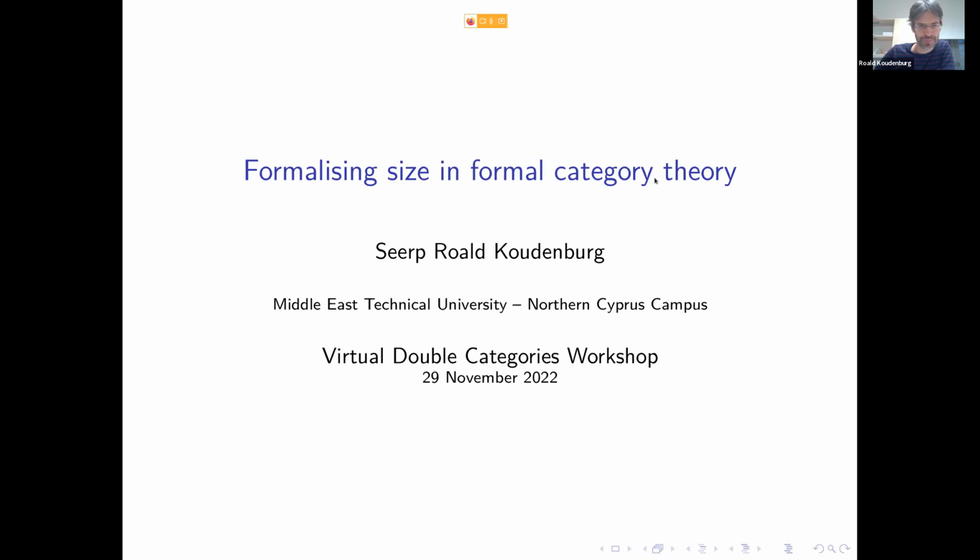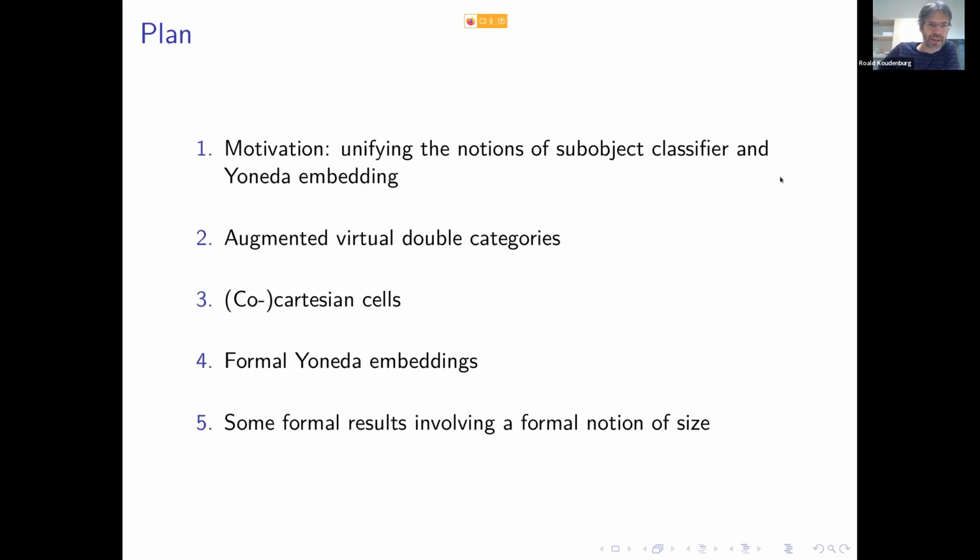So here's the plan of this talk. Motivation will be unifying these two notions, one of a sub-object classifier of topos theory and the other one classical Yoneda embeddings. This won't be a very deep result, but it might be nice to see how you can make it precise, and also making it precise leads us to the right kind of double categorical setting.